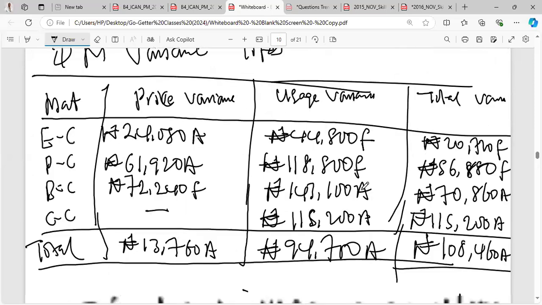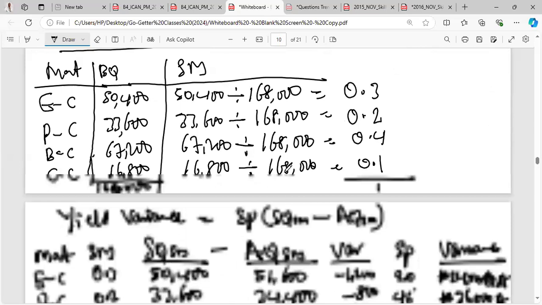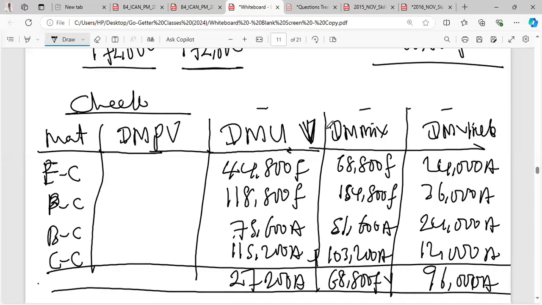There's a problem here. Something was not right. This is the usage variance. This is supposed to be usage variance, 44,800. Yes, 44,800. 118,800, yes.